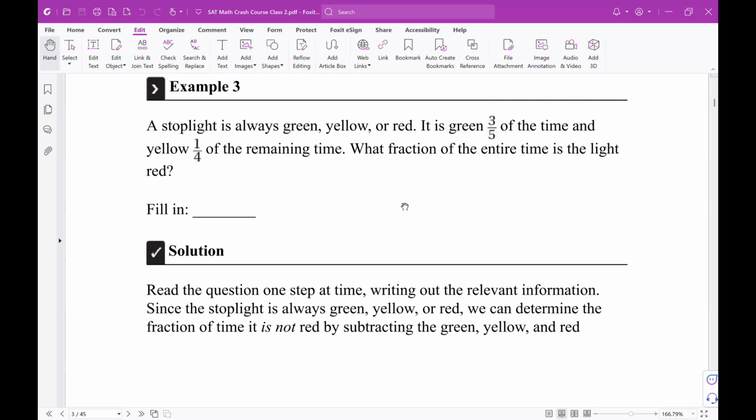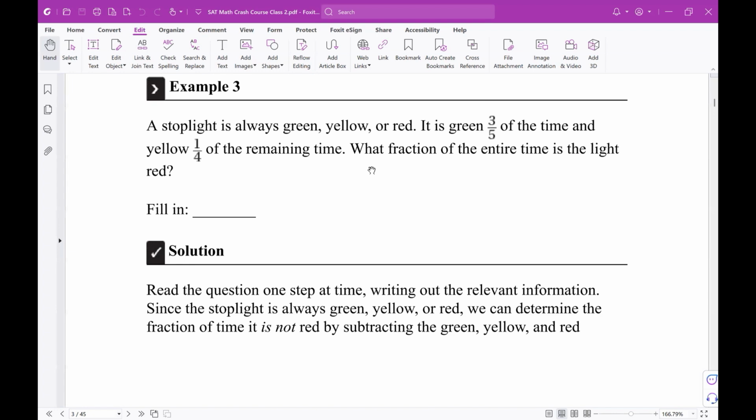Yes. You can also write it as a linear equation of one variable. For example, if you really want to introduce a variable R for the red light, then you can just write 3/5 plus 1/4 plus R equals 1.